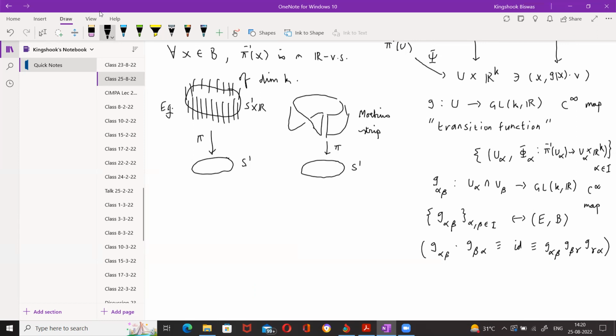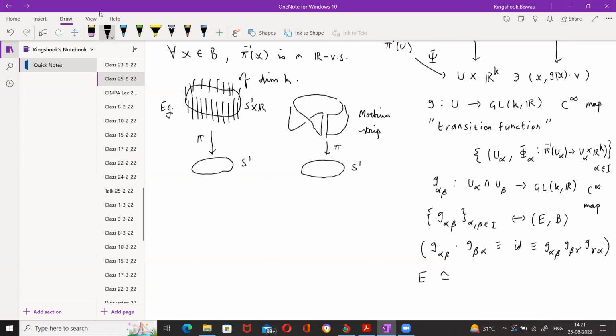The vector bundle would be basically you take the disjoint union of U alpha cross R^k, and then you quotient by the natural equivalence relation. You glue them along U alpha intersect U beta cross R^k.